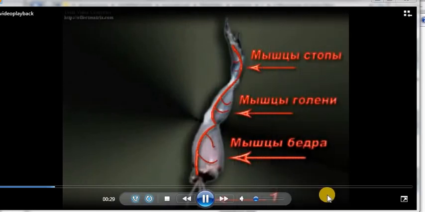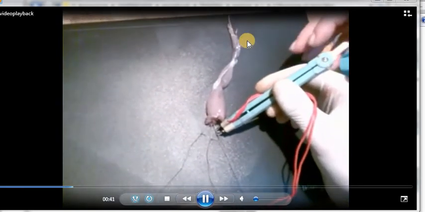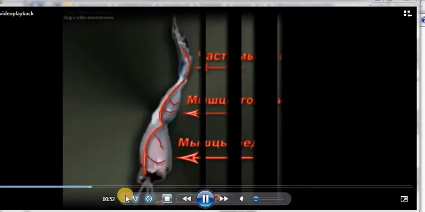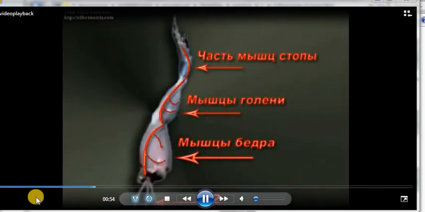Here we see three parts of the nerve, some fibers of the sciatic nerve, and each root of this nerve innervates different muscles. And just watch the reaction of the different muscles if we touch one of three nerve spots.